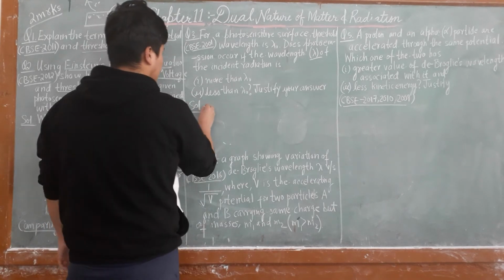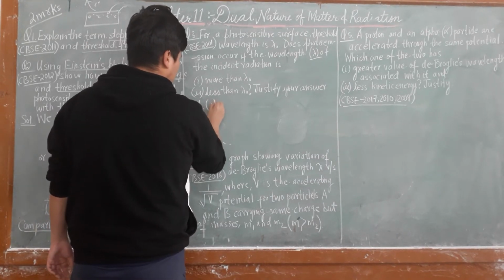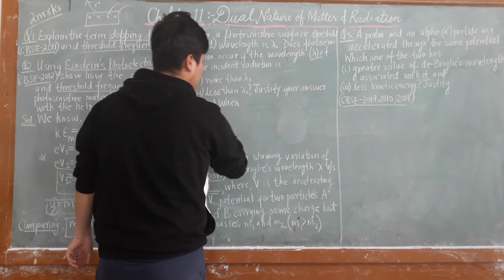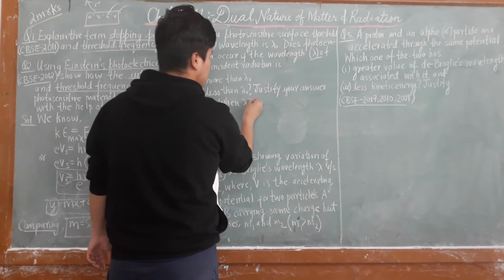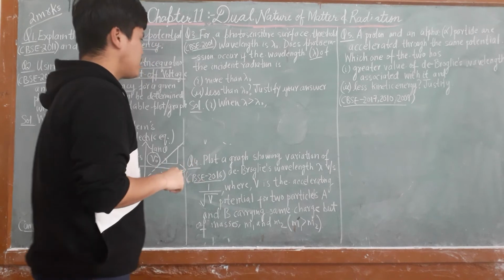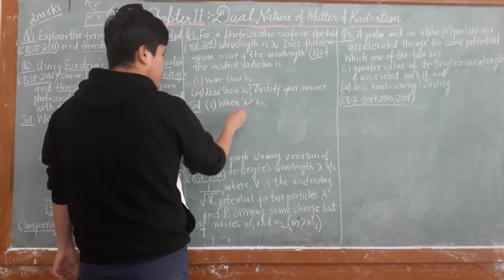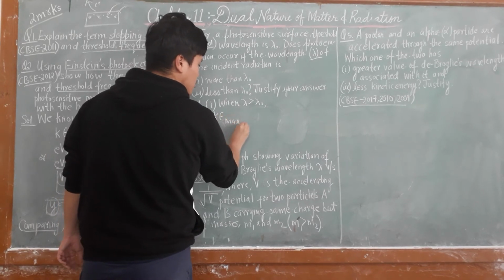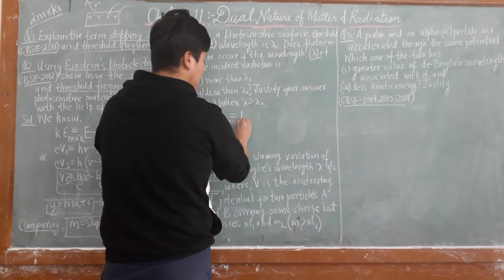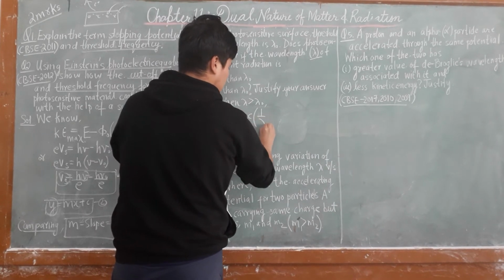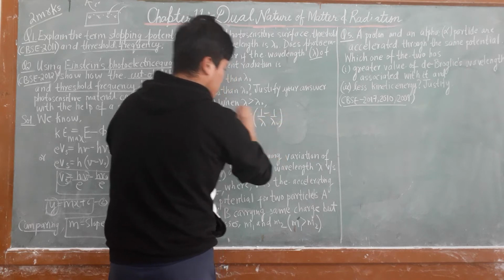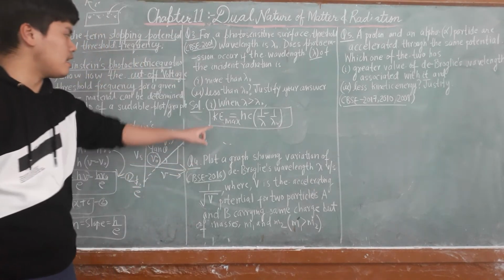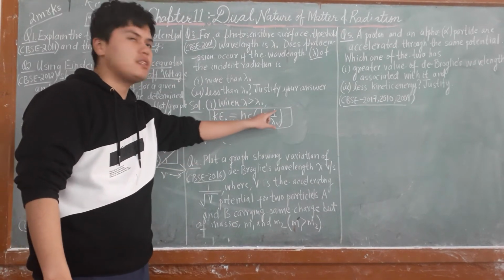Solution, part 1. When lambda is more than lambda naught, we use Einstein's photoelectric equation: the maximum kinetic energy is equal to hc times 1 upon lambda minus 1 upon lambda naught.